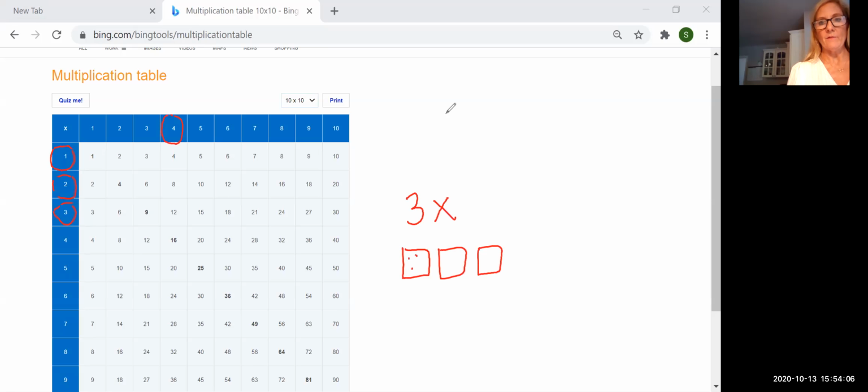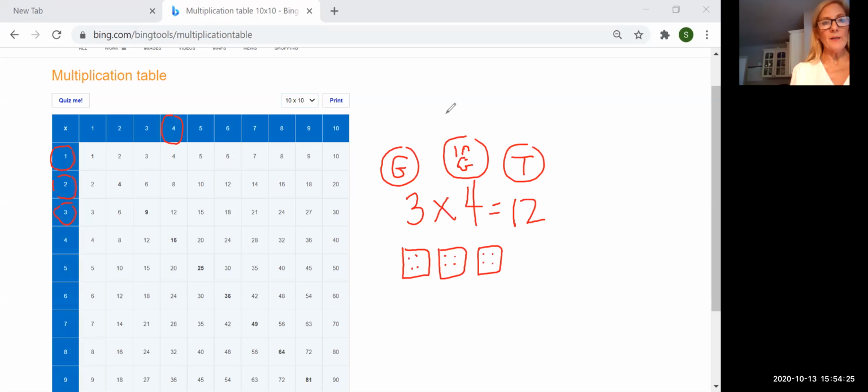And maybe there's 4 on each of my dice. So 3 groups of 4 dots equals 12 dots in all total. So we've got groups, numbers in a group, and then we have a total. And that should be a review for you as far as what the factors tell you.